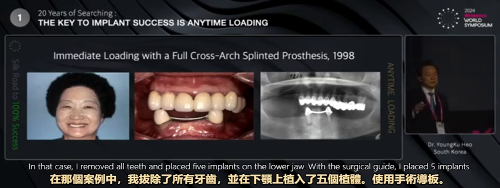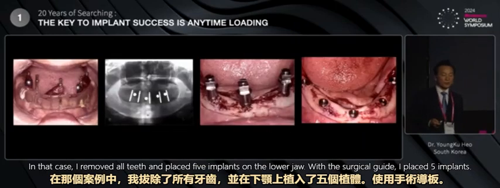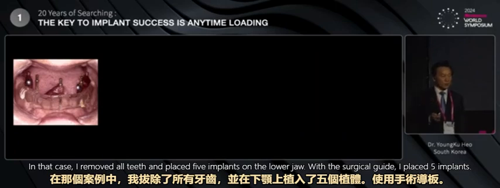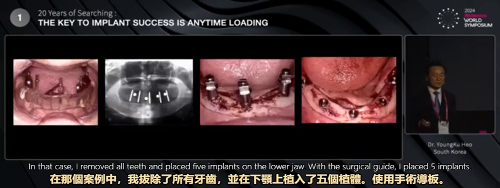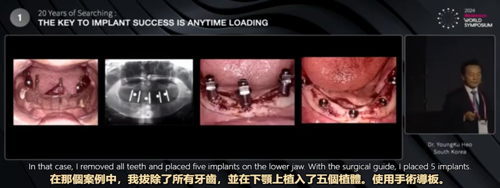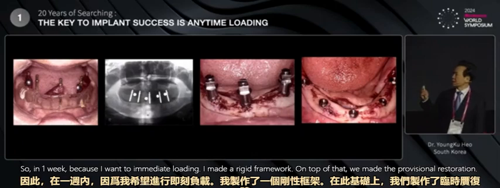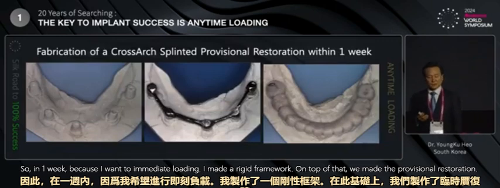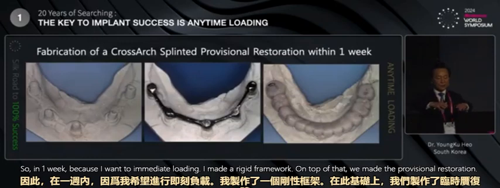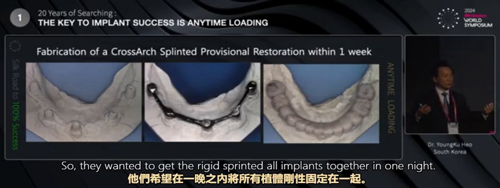In that case, I removed all teeth and placed 5 implants on the lower jaw with a surgical guide. Because I wanted to do immediate loading, I made a rigid framework, and on top of that the provisional restoration, splinting all implants together.